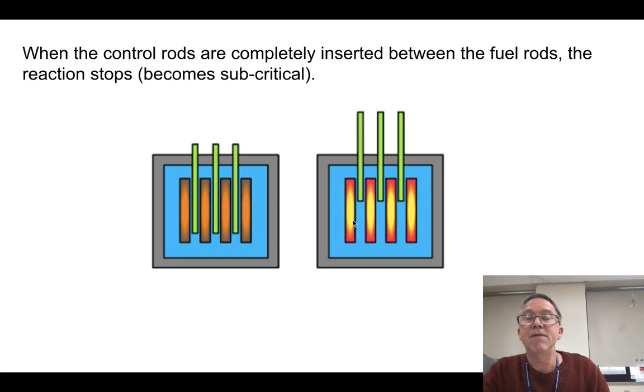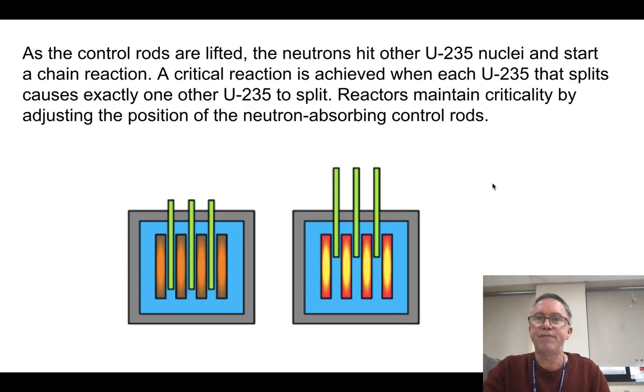And if it starts to become a runaway reaction where I start with one fissioning event and that leads to 2, which leads to 4, which leads to 8, which leads to 16, now it's growing exponentially. I call that a supercritical mass, and we don't want that, because we quickly lose control. So the name of the game is to use these control rods to maintain a critical mass in our reactor core. And I guess that's what this slide was talking about. Sorry, I got ahead of myself a little bit there.